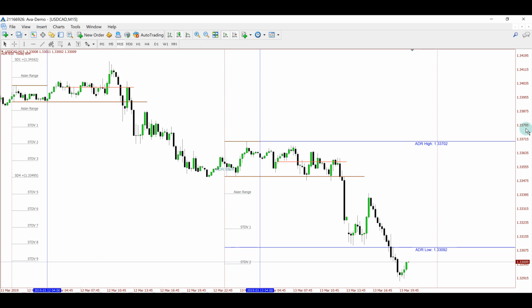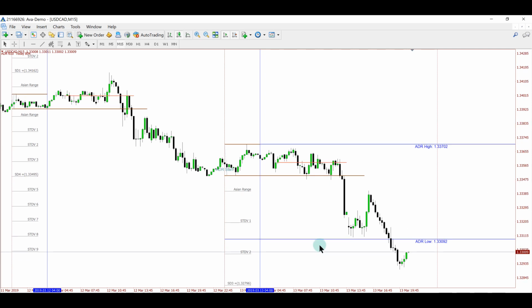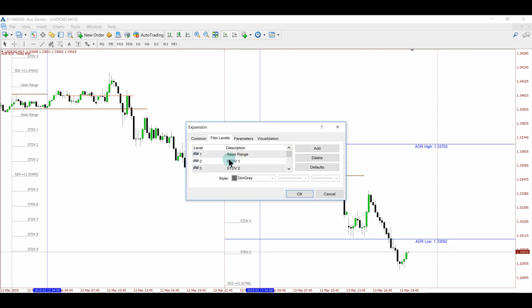Let me zoom this up here. The standard deviation 2 to standard deviation 3. Okay, let me show you what my settings are. Because you're probably asking, can you just show me what the settings are? This is what I got. I usually change this to central bank dealers range when I'm really showing you the central bank dealers range.